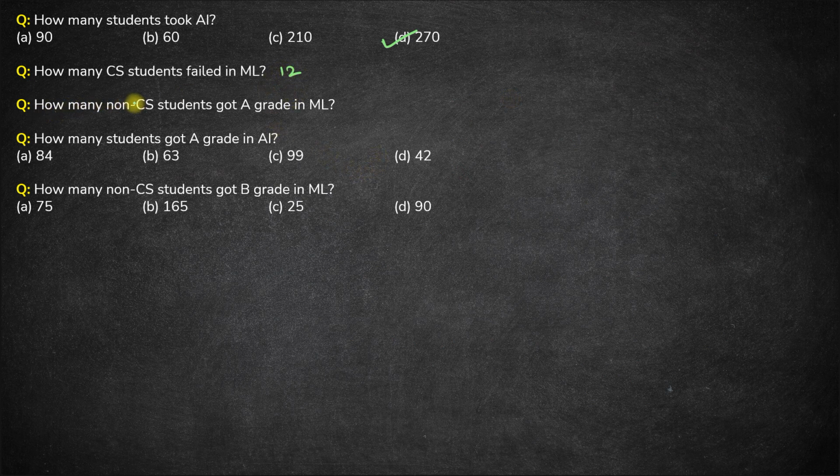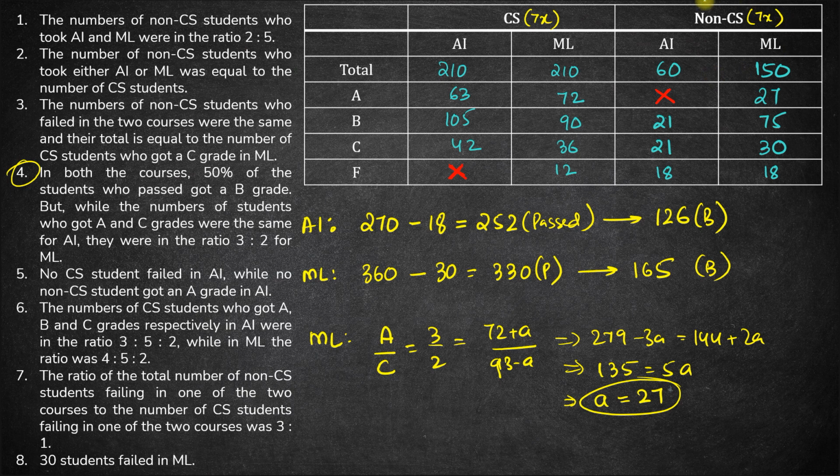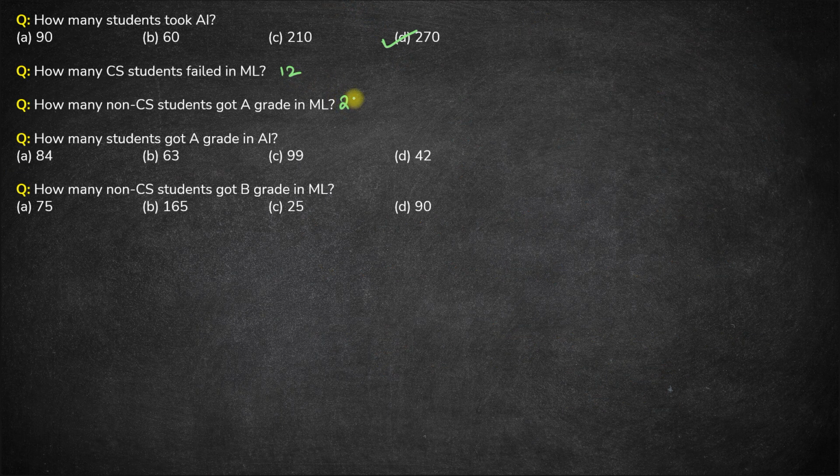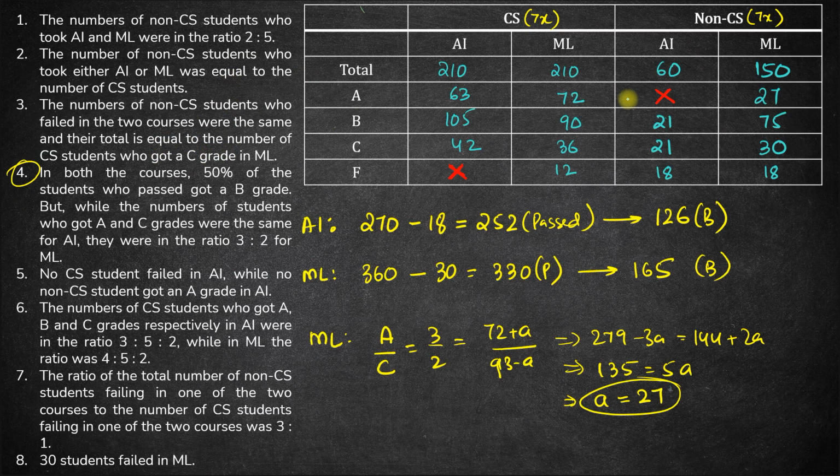Next, how many non-CS students got A grade in ML? Non-CS students getting A grade in ML. Non-CS students A grade in ML is 27. So the answer here is 27. Next, how many students got A grade in AI? Okay, so no one from non-CS got an A grade in AI.